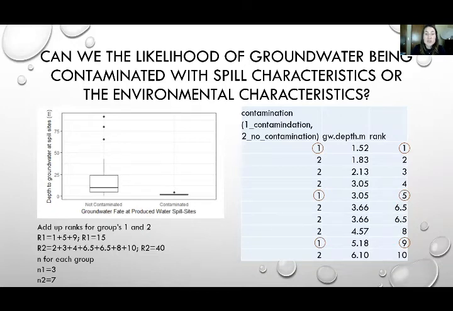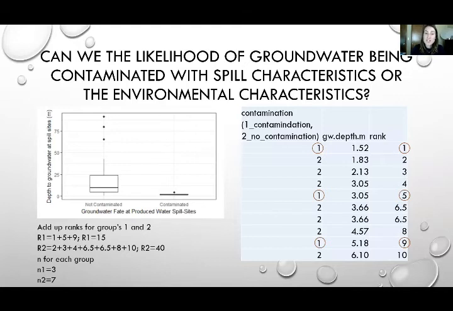And then 2, if there was no contamination. So this is just the first 10 data points in my data set that I collected. This is real data, but it's shortened, okay? So we're only working with 10 data points for this example, but there were actually something like 180 data points within this. So we had a good sample size.